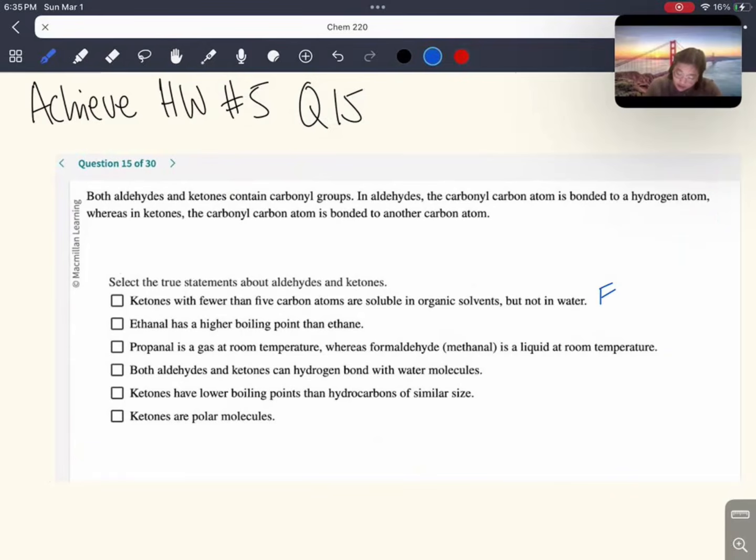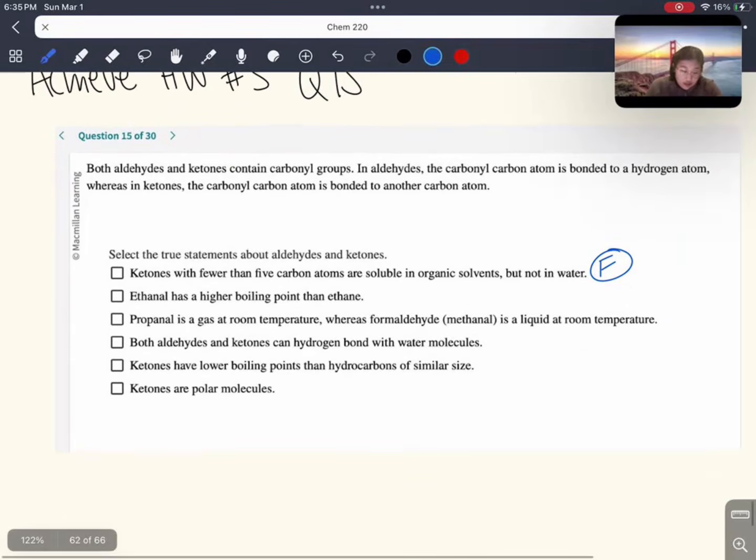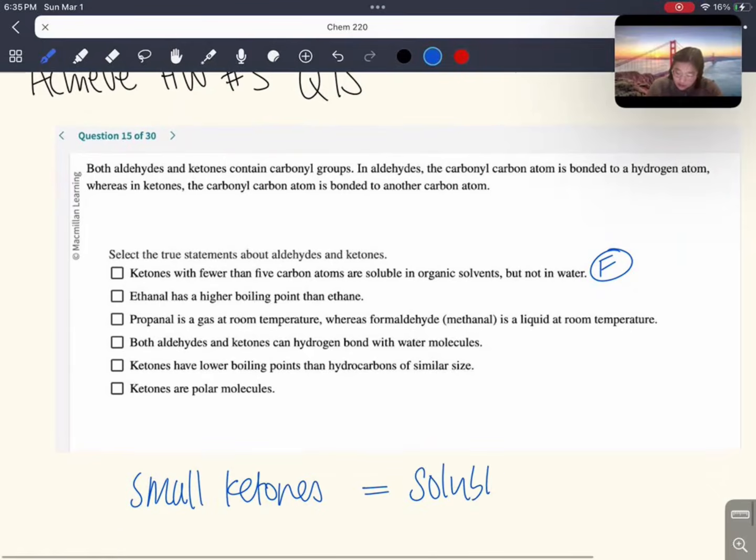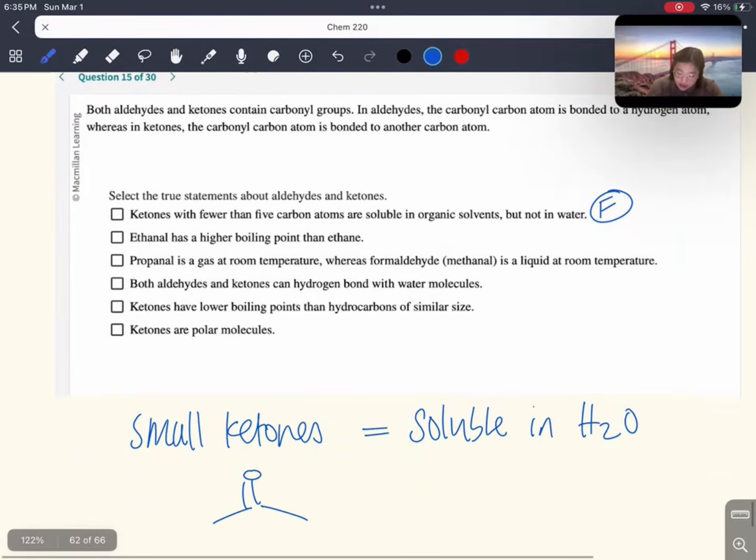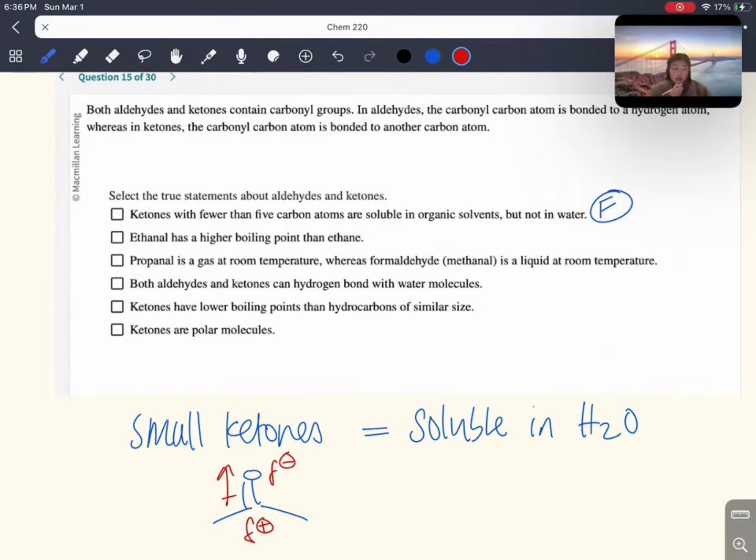Actually, if you have small ketones, they are soluble in H2O. This is because ketones we know are polar, right? You have a dipole moment here, so the oxygen has a partial negative charge and the carbon has a partial positive charge, and that can interact with the water molecules, right?